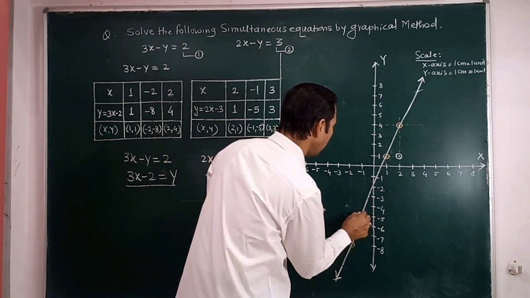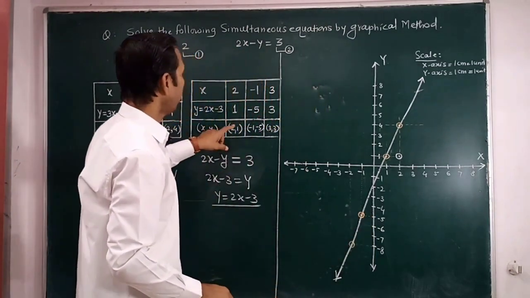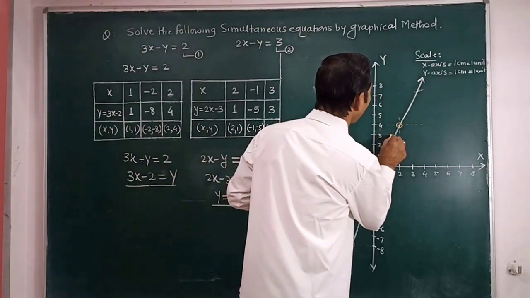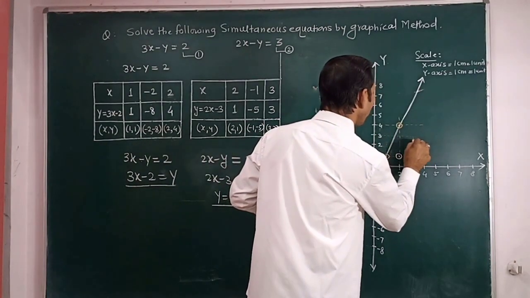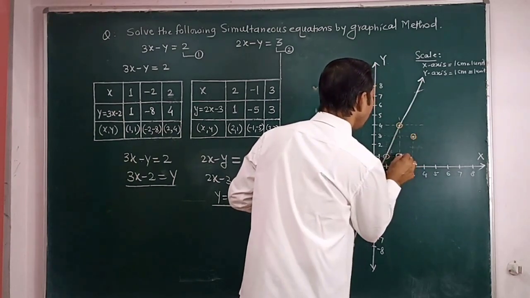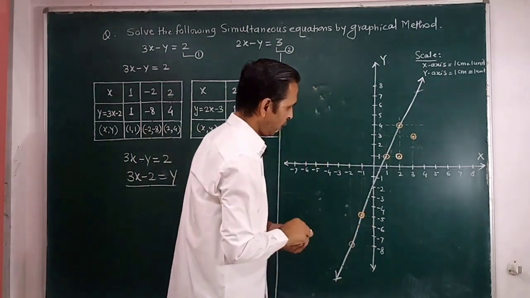Minus 1 comma minus 5. And the other point is 3 comma 3. This is a point, this is a point, and this one is the point.